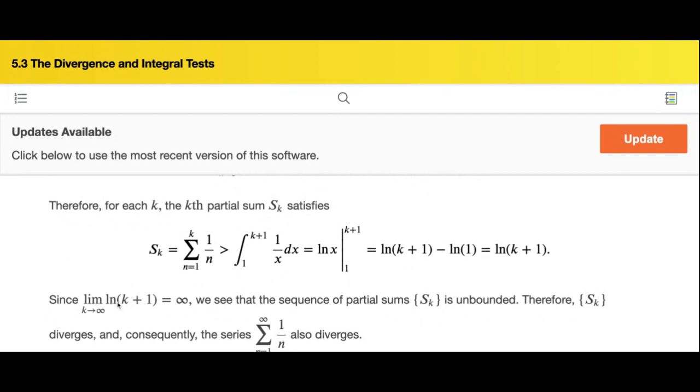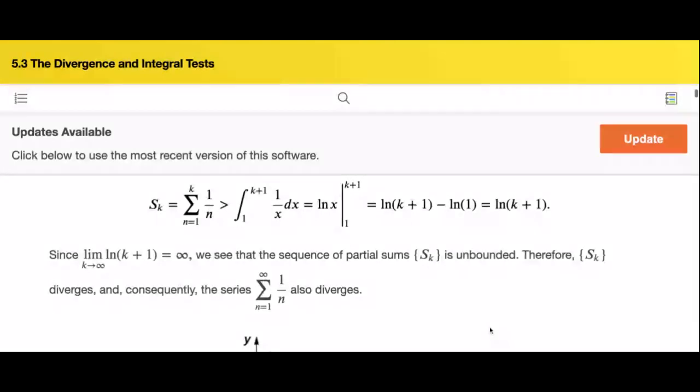Since the limit of ln of k plus 1 when k approaches infinity, remember the graph of ln, approaches infinity, and Sk is greater than this, we see this sequence Sk is unbounded. Therefore, the sequence Sk diverges.